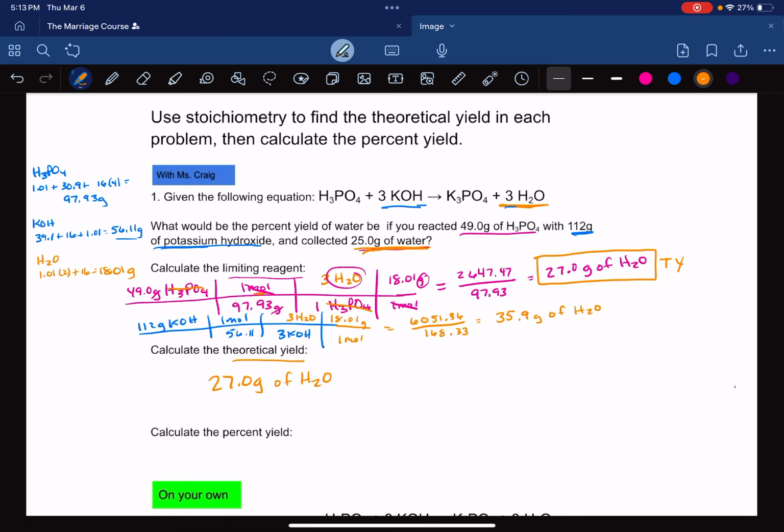So to find our percent yield, we need to look at our actual yield. So right here in the word problem, our actual yield is given. What is actually produced was 25 grams of water. So that's our actual yield.